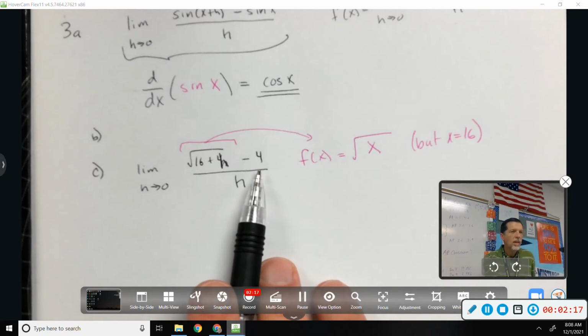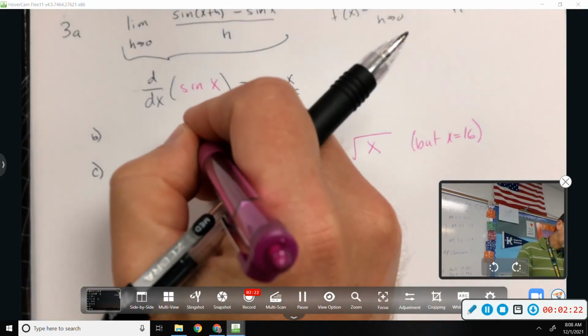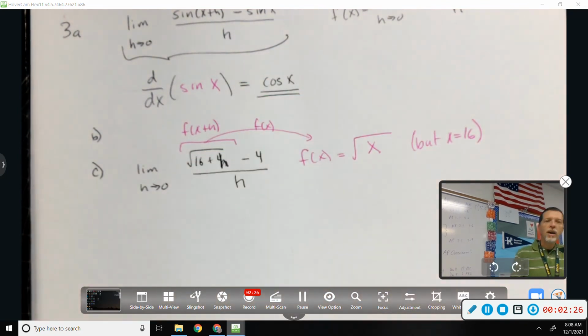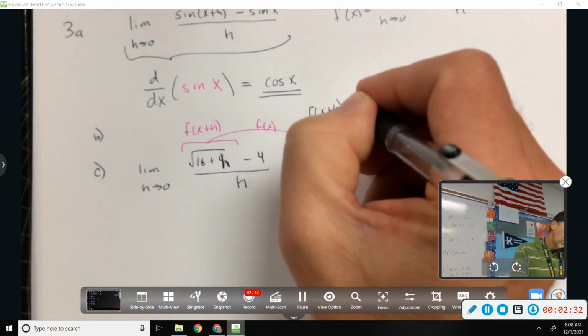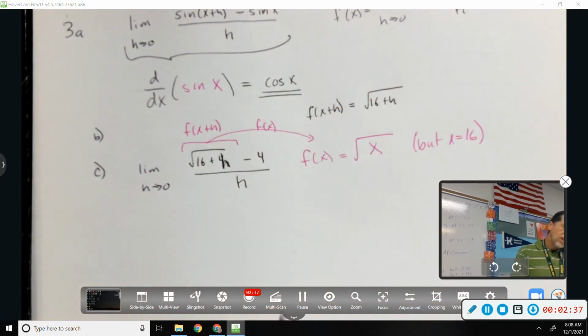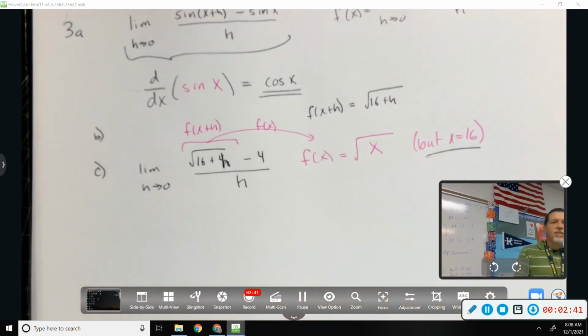Wait, can you explain that again? So this is supposed to be f of x plus h. That one's supposed to be f of x. So if f of x plus h is the square root of 16 plus h, then f of x is the square root of x, but x is 16.